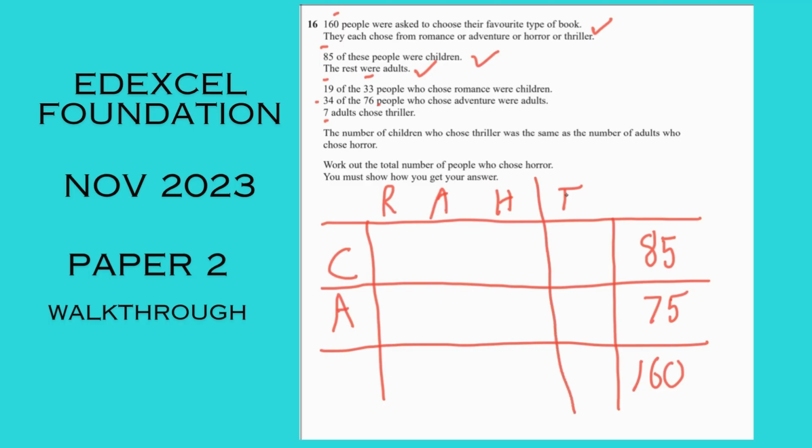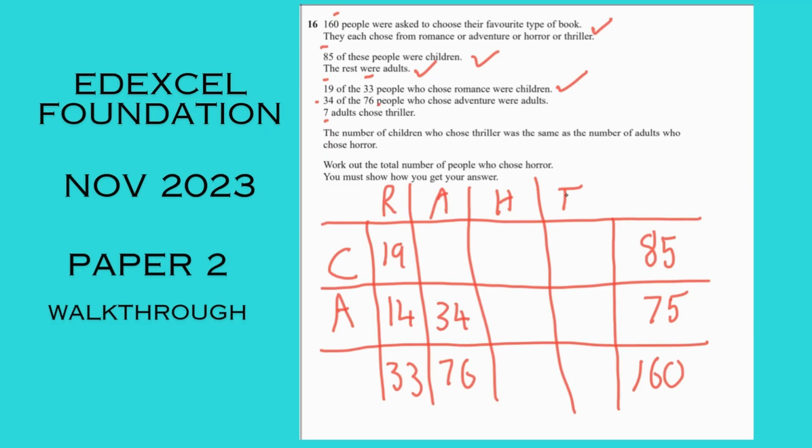19 of the 33 people who chose romance were children, so 14 were adults. 34 of the 76 people who chose adventure were adults.